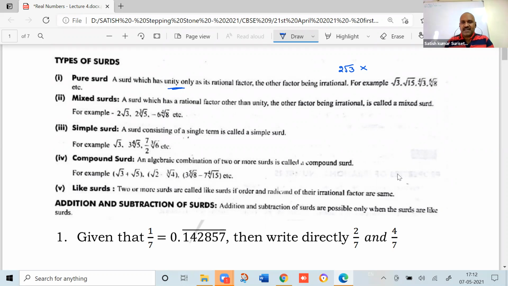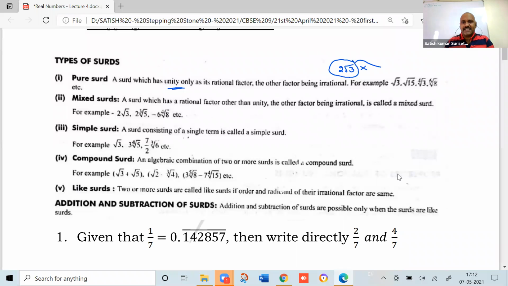Now, instead of writing 2 root 3, I can write its equivalent. If I take 2 inside the root, then I should write 4, so root of 12. If I write this, then it will be a pure surd. Why? Because it is 1 into root of 12. Outside should be only 1 as a rational factor and it should have an irrational factor. Then only we call it a pure surd.